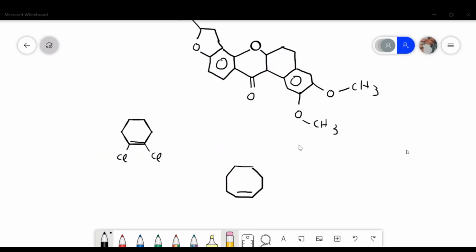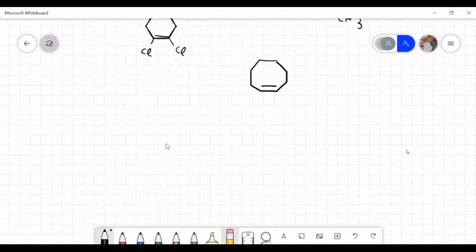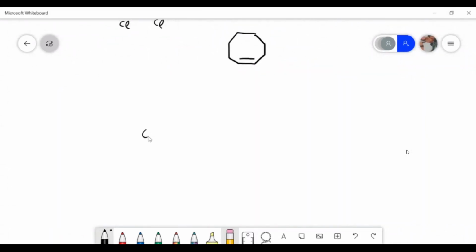And for meso compounds, it's basically something that has more than one chiral center but has a plane of symmetry. Let's take something like 2,3-dibromobutane. Maybe I'll draw it out. Let's say something like this.